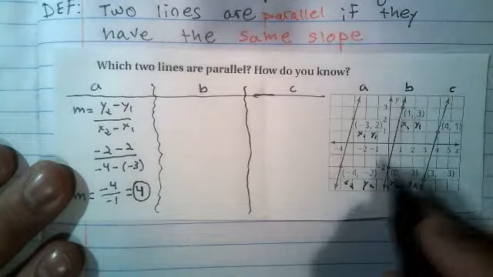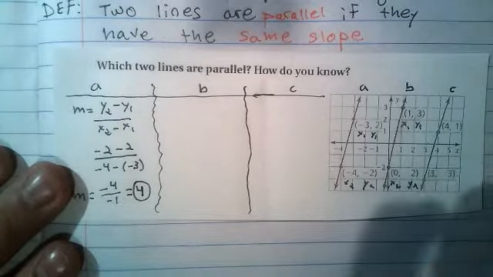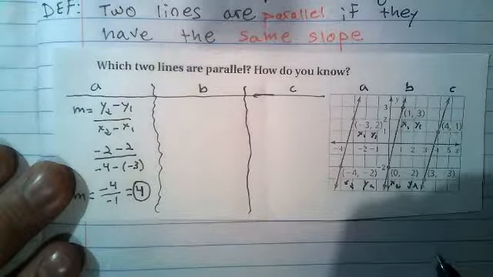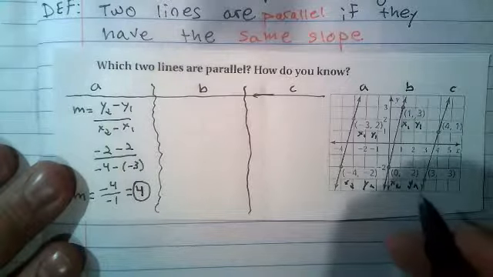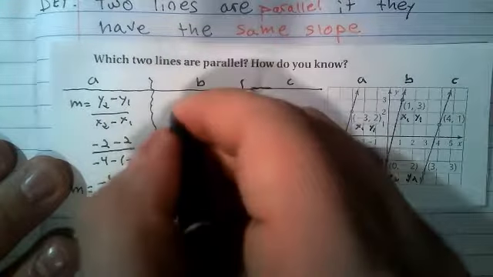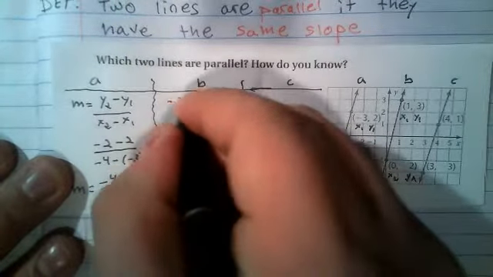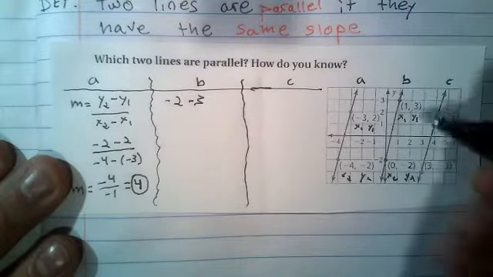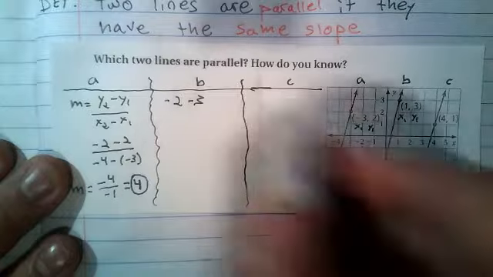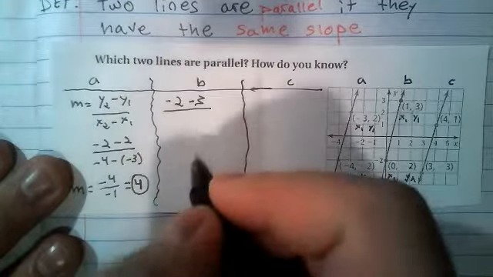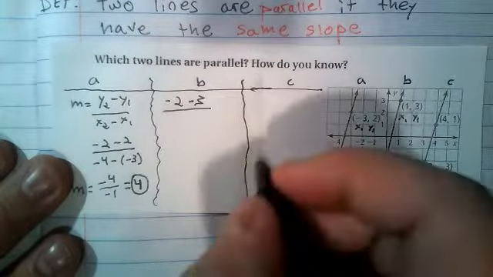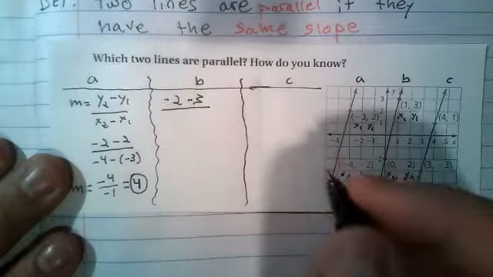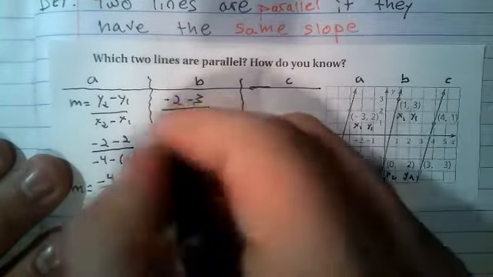That means when I fill these in, I'm going to have negative 2 minus 3 over 0 minus 1.